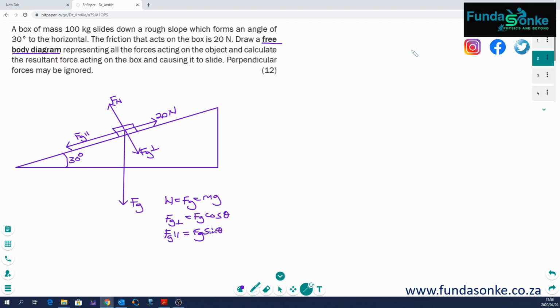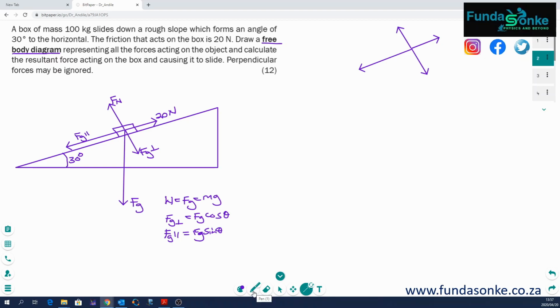We'll have a force acting along the plane and a frictional force acting in the opposite direction. Then we'll have a force perpendicular to the surface, and then the normal force acting in the opposite direction, like that.